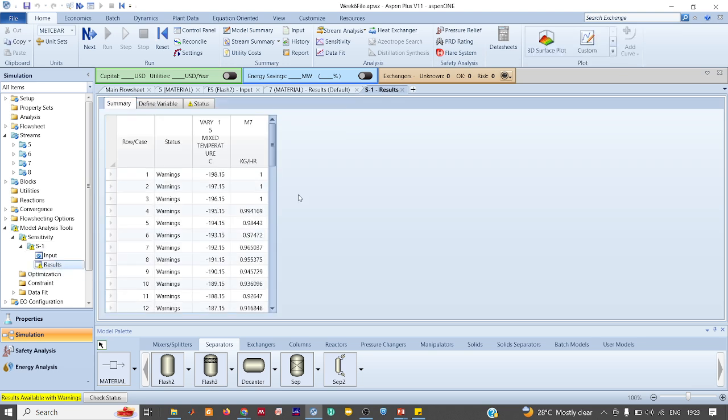So just check the results. See, it says for different temperatures, you have different values. So this is what I have asked you to calculate. Let us change it to SI and run it again.